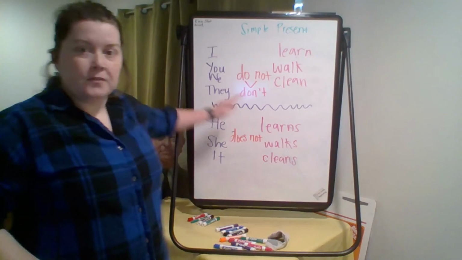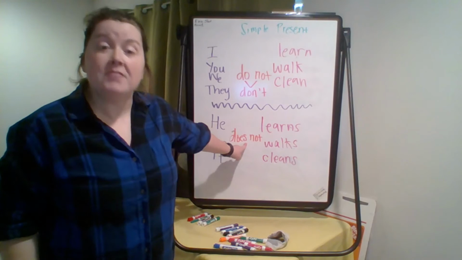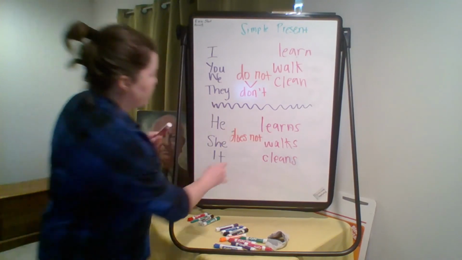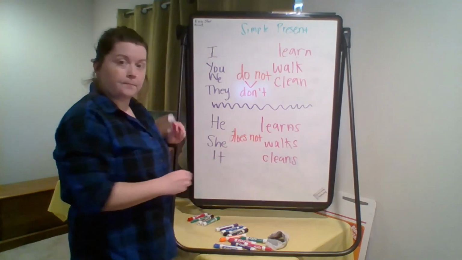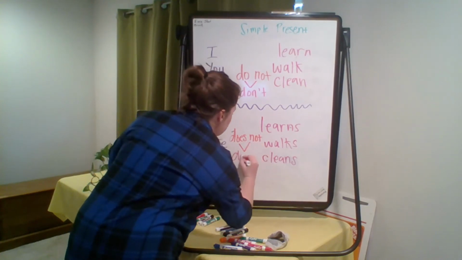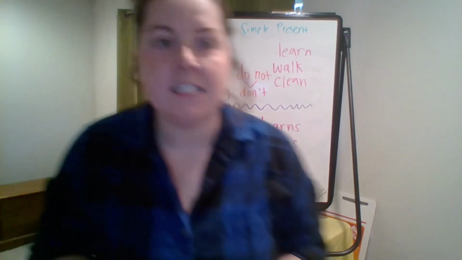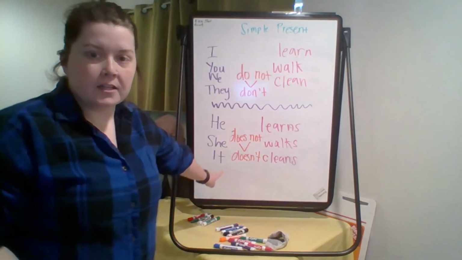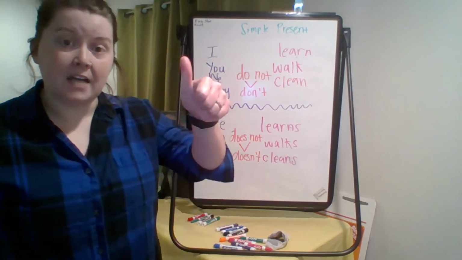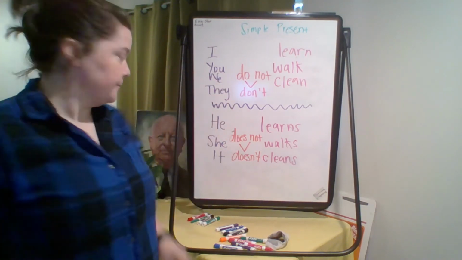In the negative, for he, she, and it, you're going to use does. You need the S. He, she, and it needs the S, right? So we're going to use does not. Now, you can use the contraction. Doesn't. So does not or doesn't. Okay? Two choices, two options.